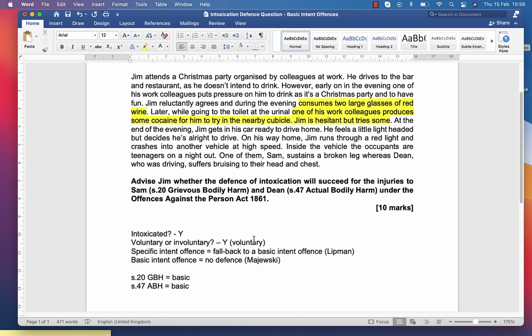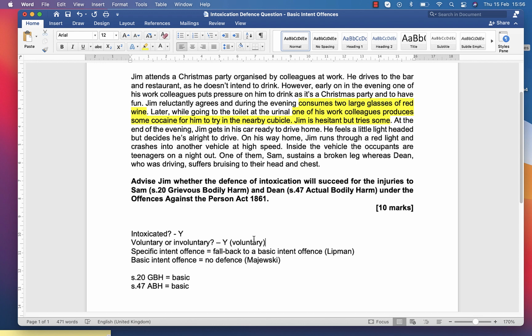And then the key part to end on, is it a specific or basic intent offence? Now, there are 2 distinct outcomes for the defence based on this. If it's a specific intent offence, and you'll remember from my previous video, these are offences which you can categorise with their mens rea as being intent only.